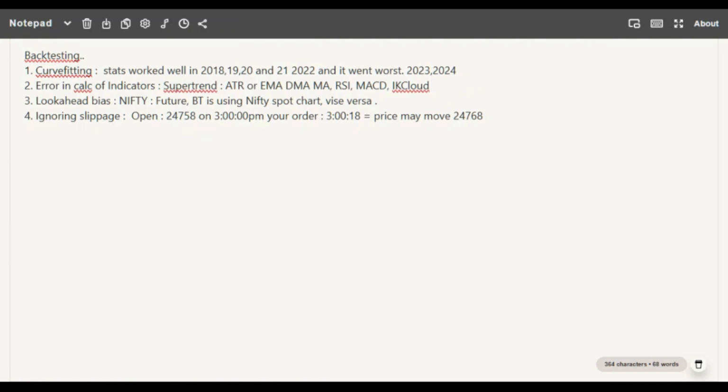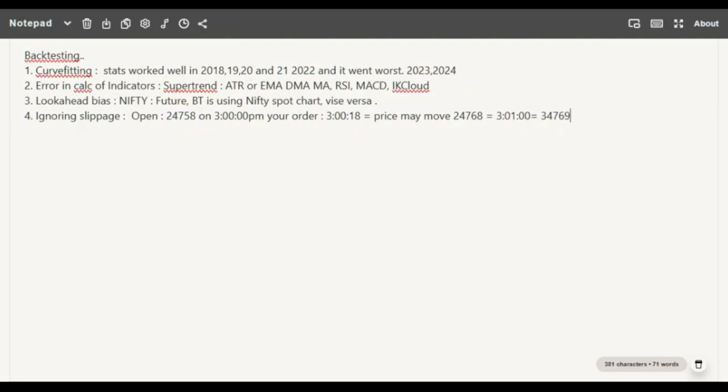Backtest will always be on the 1 minute chart, and always on the open price. If you are saying that your order should be placed at sharp 3 p.m. in backtesting, it will check the 3 p.m. open price. Then at 3:01, the price will be different, let's say 24,769.